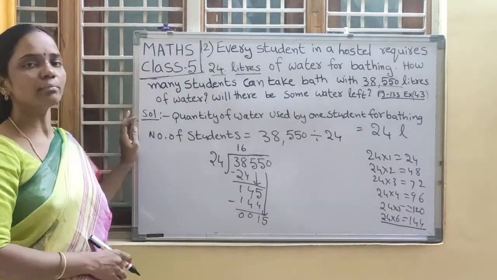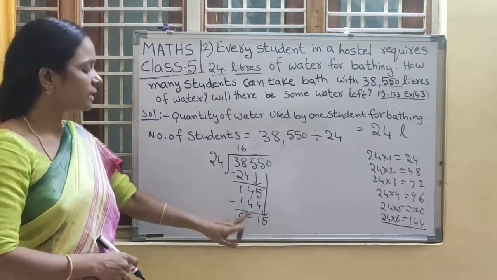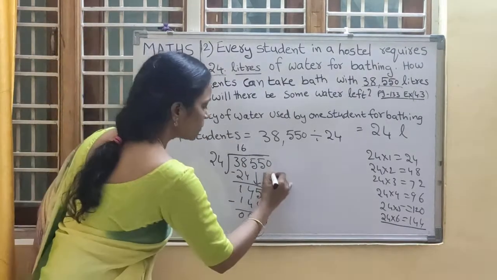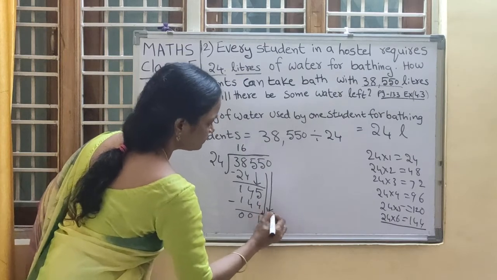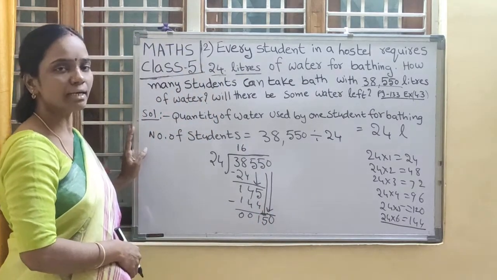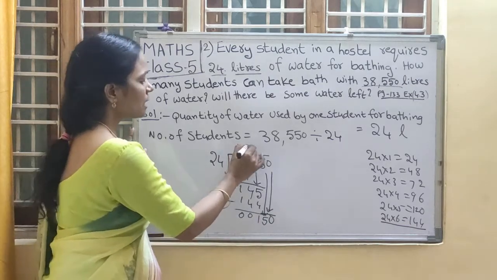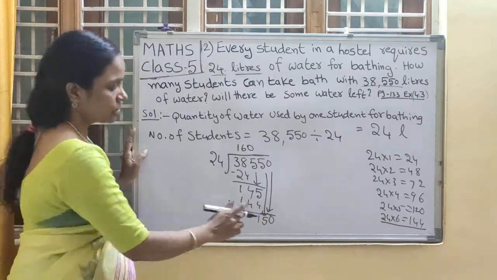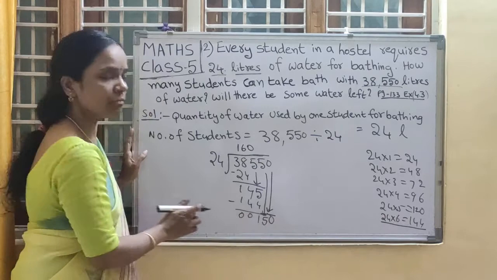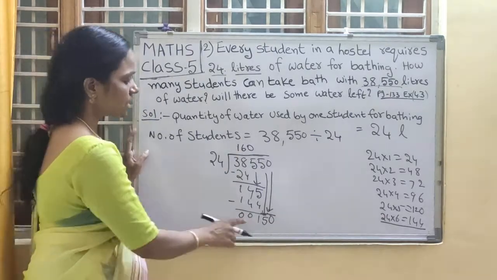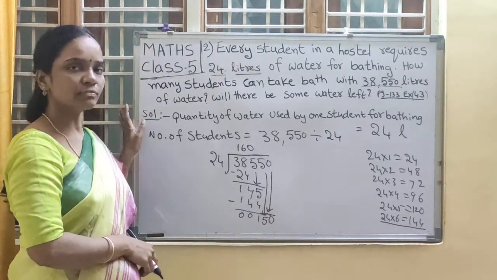Again we bring down the 5. 15 is a smaller number, so 24 will not divide 15. Again we bring down the 0. I have brought down two numbers at the same time, so put 0 in the quotient. Now will you get 150 in the 24 table, children?